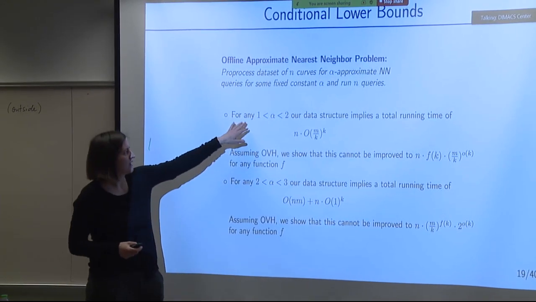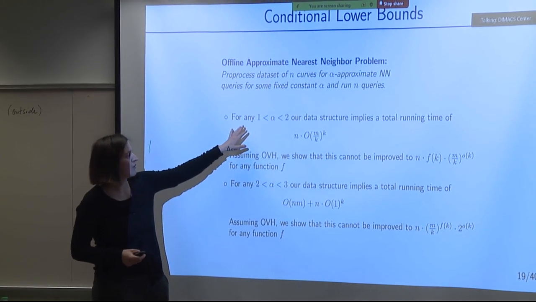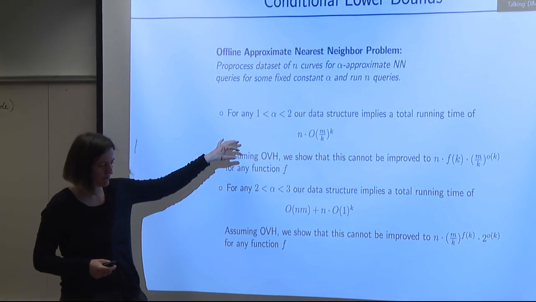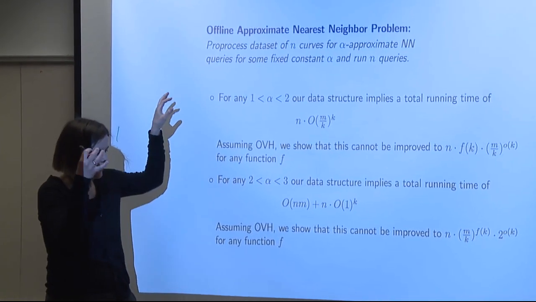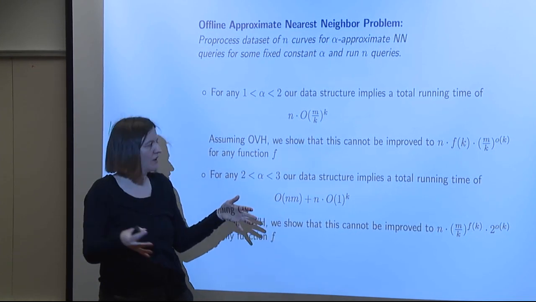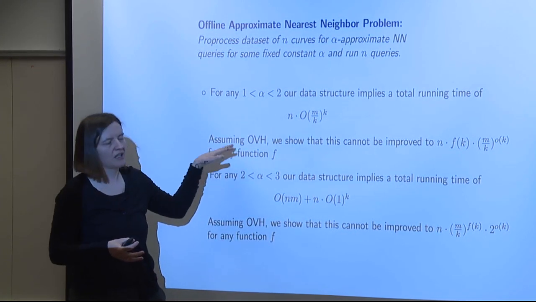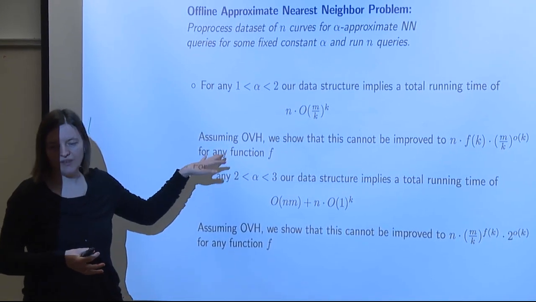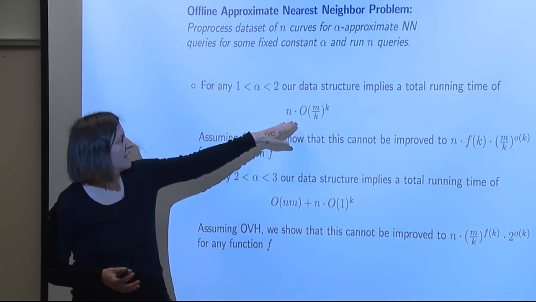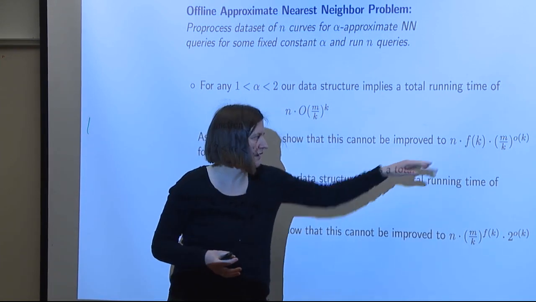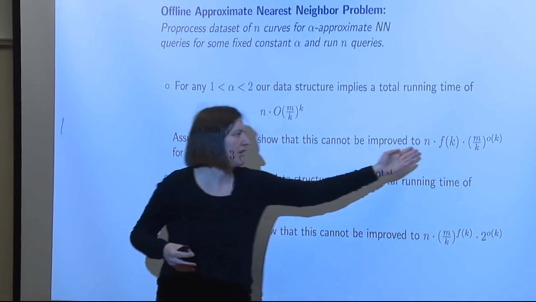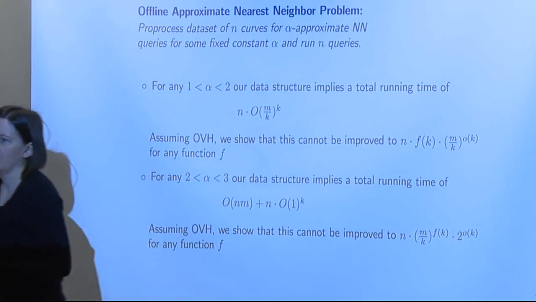If alpha approximation is between 1 and 2, we set epsilon to some constant, look at what we get from our data structure with preprocessing and running n queries, and compare it to the OV bound. For 1 plus epsilon we get this, and with this reduction, anything better than this would be a contradiction to the OV hypothesis.